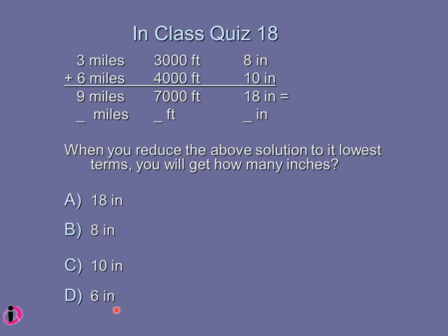So let's try this. If you add, this becomes what? 18 inch, right? But how much inch will be here at the final? Because look at this, 18 inch means what? 12 inch is already one foot, right? 12 inch is a foot.